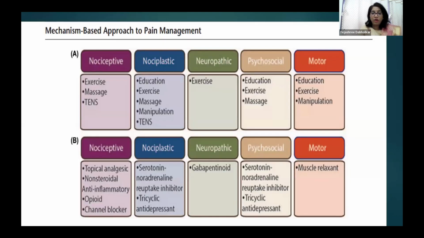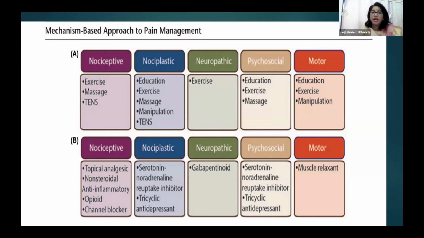So in broader terms, if we want to summarize, when it is a nociceptive pain, exercise, massage or TENS does help. When it is a nociplastic pain, patient education, because we know central excitability is high, exercises, massage, manipulation, and a modality. Though over here TENS is mentioned, there are other modalities also which can be used.